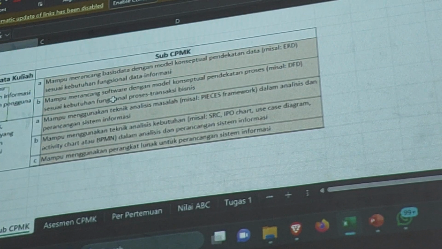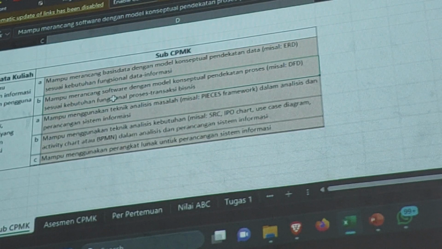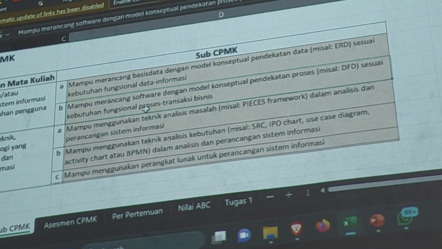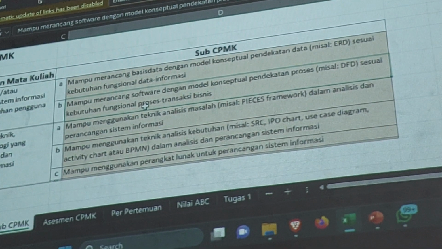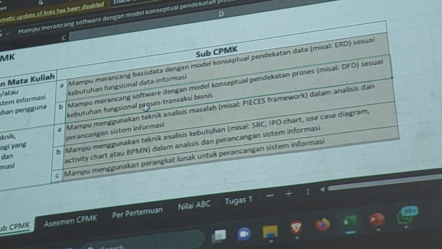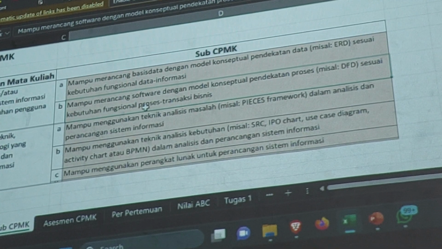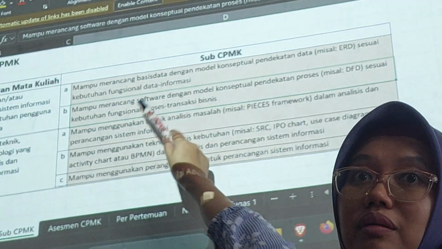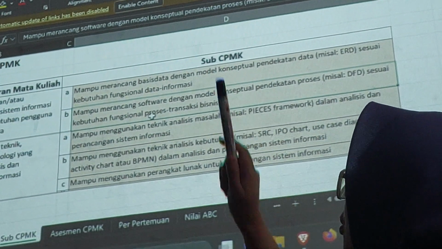So you will build a DFD or document diagram. For the exam, maybe you will design a DFD or document flow or business process BPMN or use case, but you must be able to design the process, the model, the conceptual model.